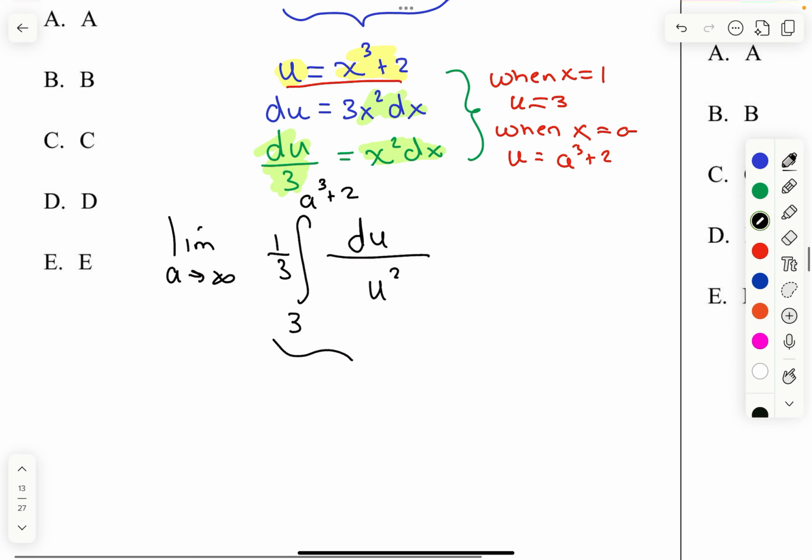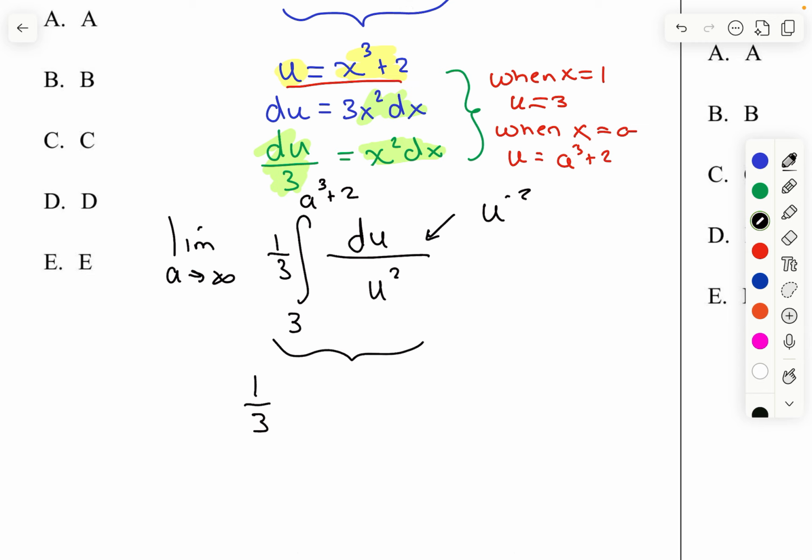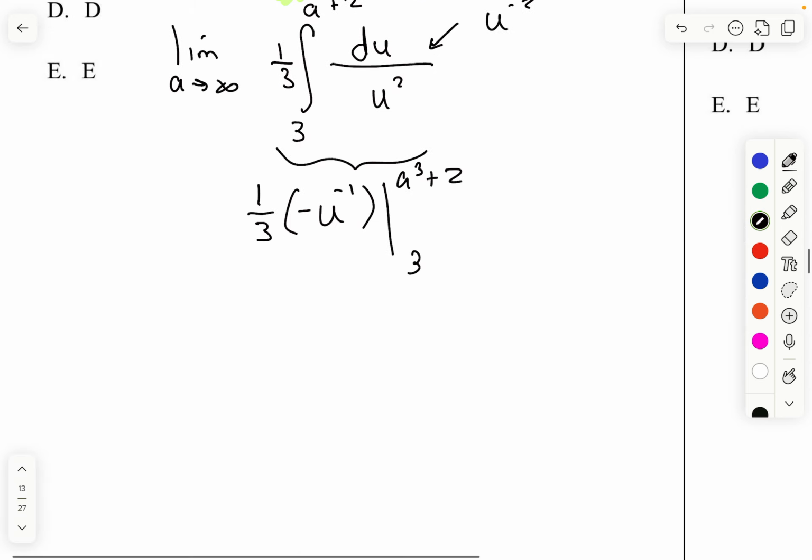All right, and so still work to do. Let's think of this as u to the negative 2 for its antiderivative. So add 1 to the exponent, gives you negative 1. So I think this is what we want, evaluated from 3 to a cubed plus 2.